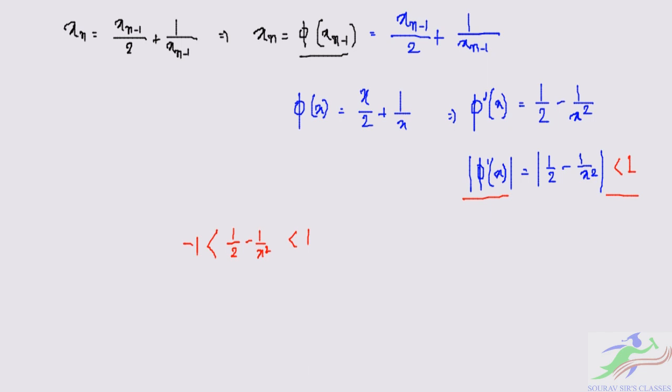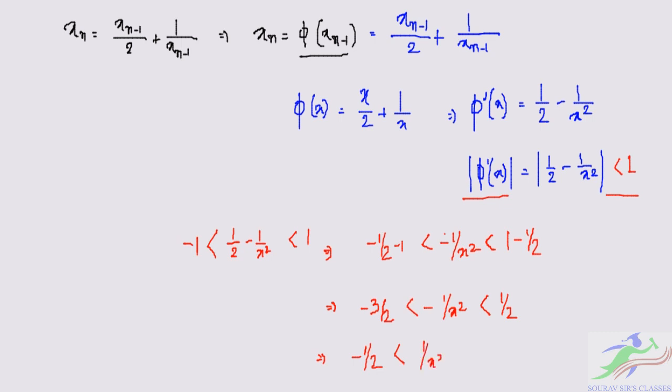From here, we can write it in this manner: minus 3 by 2 less than 1 upon x square less than half, or rather, minus half less than 1 upon x square less than 3 by 2.